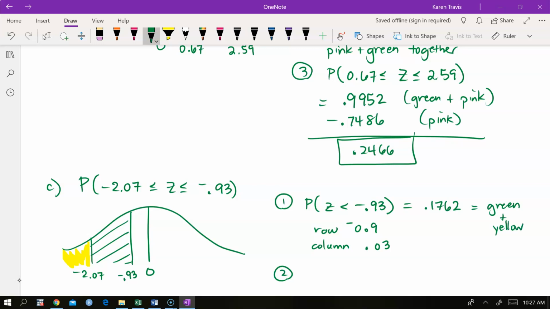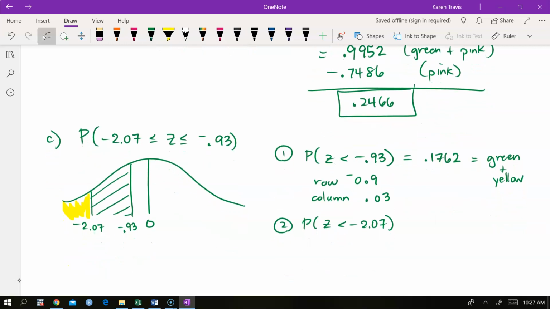But we don't want the green and the yellow, so we're going to just now find the chance that it's below the negative 2.07, which is the yellow only. And this is going to have the row of minus 2.0 and the column of 0.07. So this probability is a 0.0192. So look up negative 2.0 is that row, and over to the 0.07 is 0.0192.